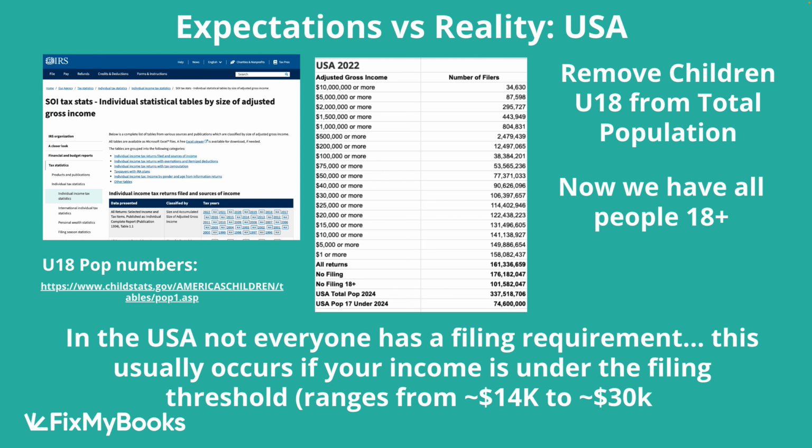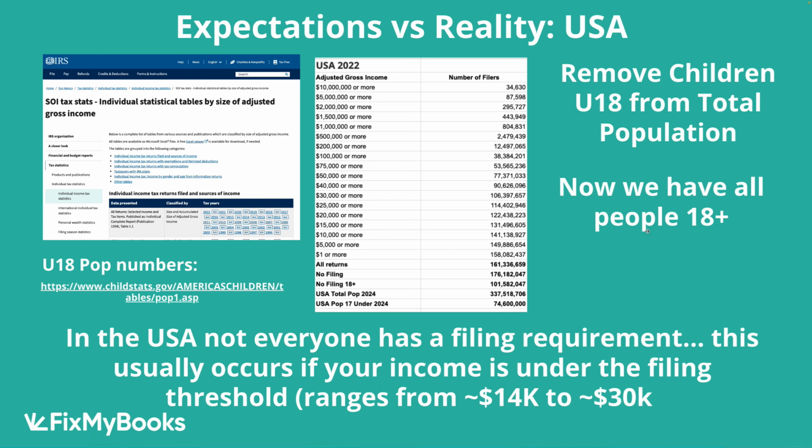The reason why so many people don't actually file a tax return in the US is not because they're being delinquent or anything, although obviously there are people that do that. It's because in the US, not everyone has to file a tax return, because this only occurs if your income is over a certain threshold. So if your income ranges from like 14,000 to 30,000, you usually won't have a filing requirement.